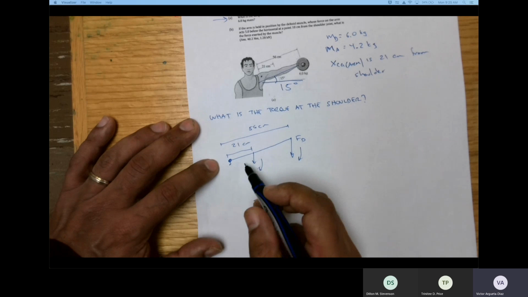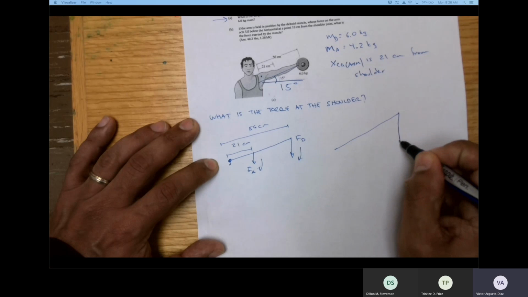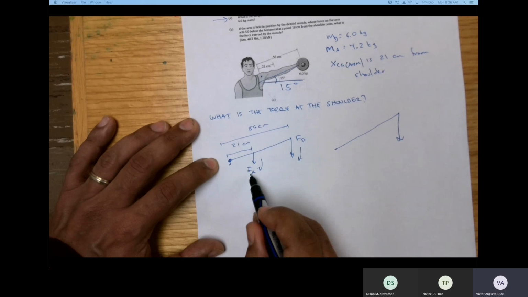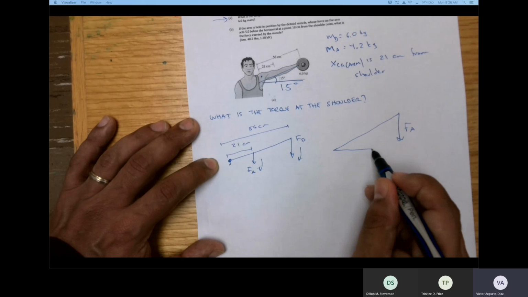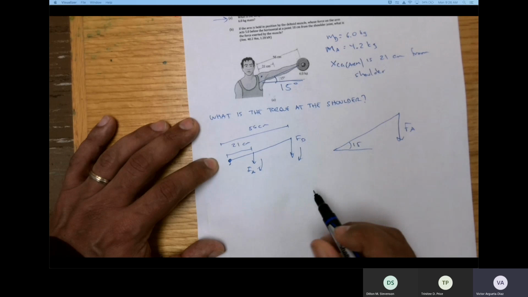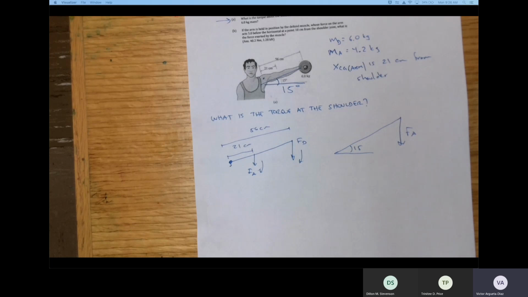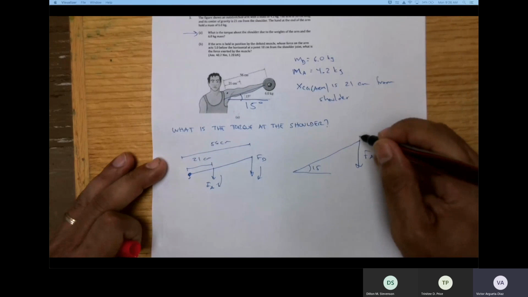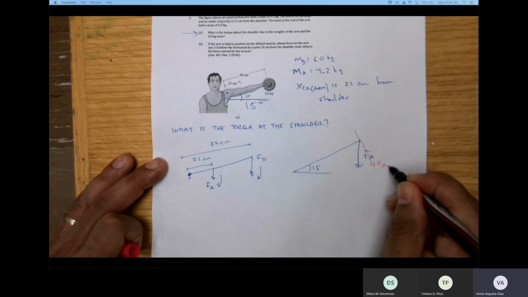I guess I'm going to do it over here, just bigger. I'm just going to do the first force, the force of the arm. And this angle is 15 degrees. So again, the force that I care about, the force that creates the torque, is the perpendicular force to the arm. So I need this force over here.